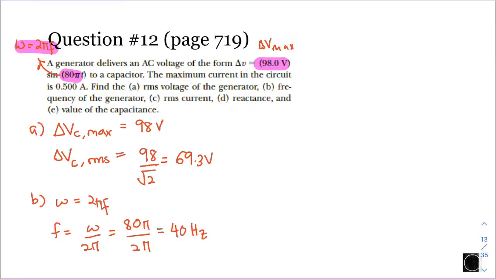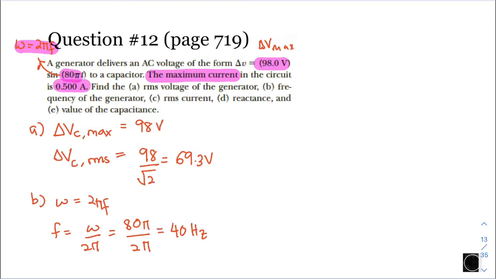And then C, RMS current. For RMS current, we may use the information that the maximum current is this value.